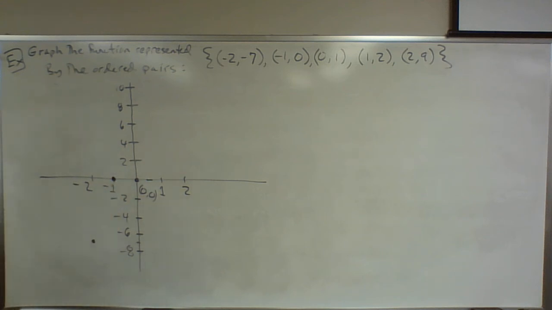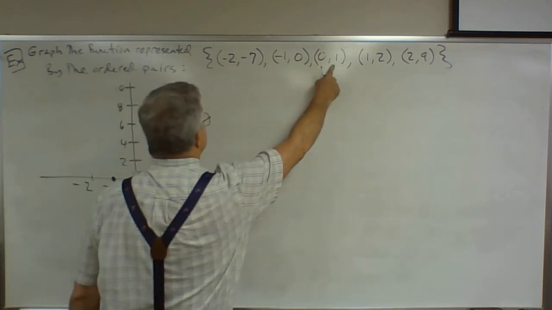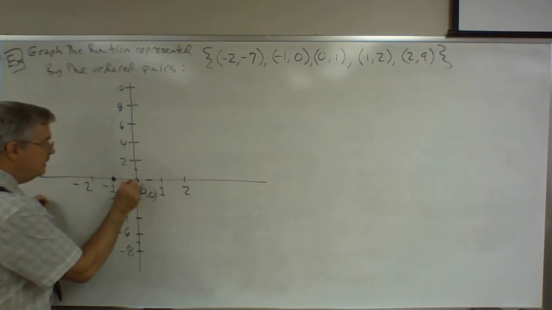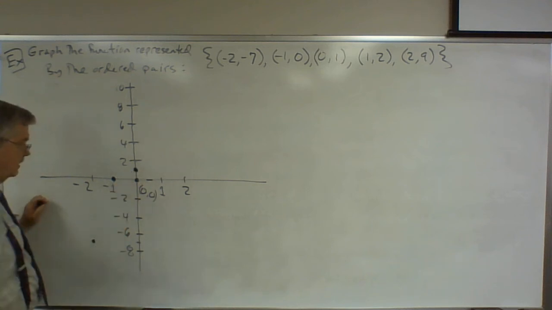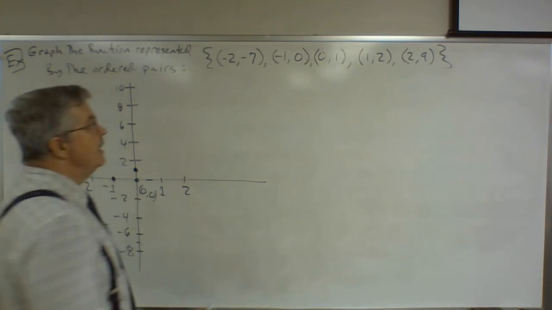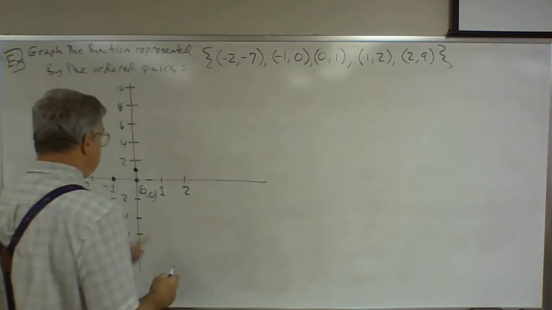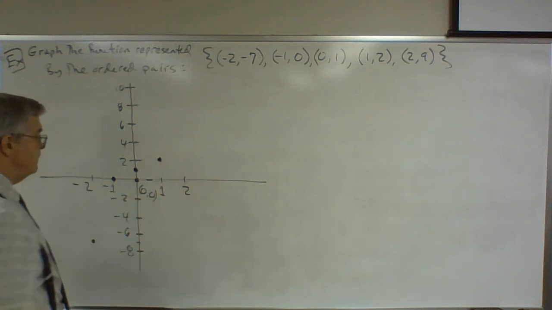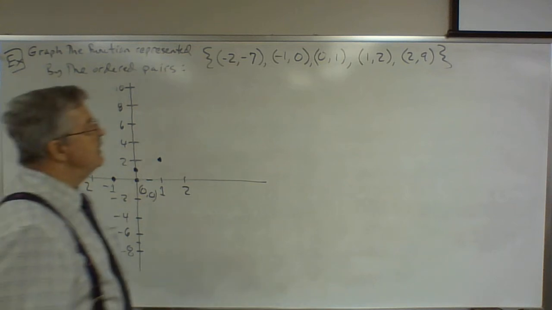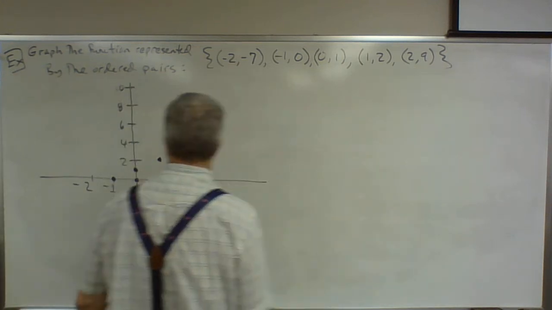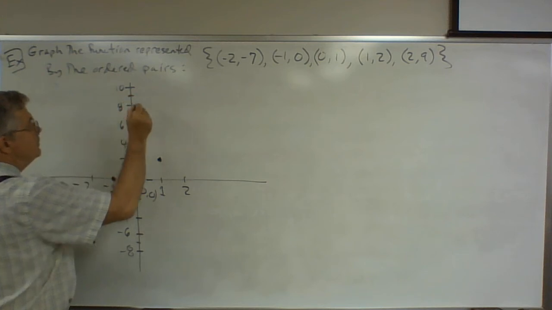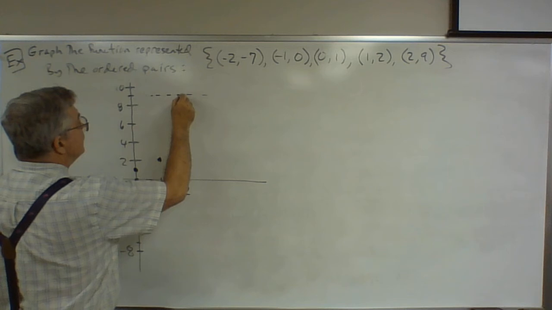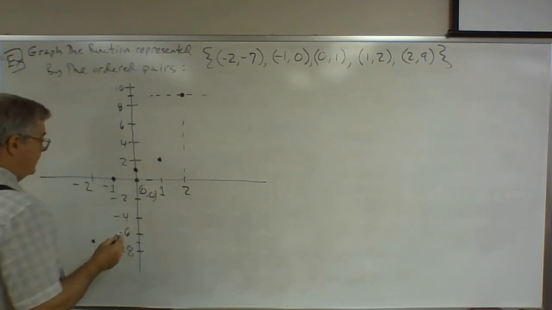That's right here. X equals 0, y equals 1. That's y equal 1 right here, and here's x equals 0. X equal 1, y equal 2. Here's x equal 1 and y equal 2. And then finally x equal 2, y equal 9. Here's y equal 9. X equal 2. Okay.